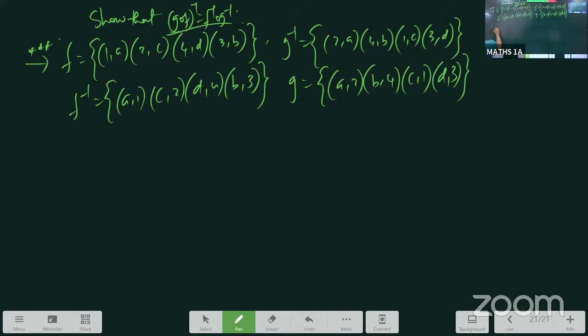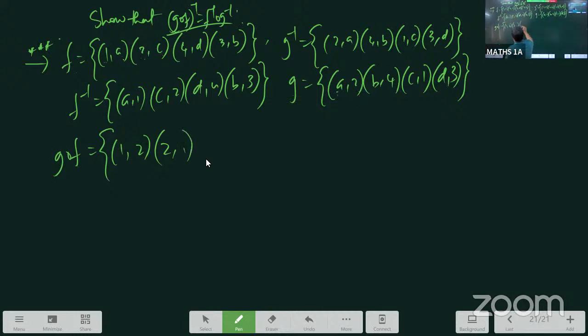Now let us find first G circle F. In G circle F, what is the second function? F, whose domain is what? 1. So 1 is mapped to A, correct, no? But A is mapped to what? 2. So (1, 2). You are going to write like this. Next, 2 is mapped to C, and C is mapped to 1.